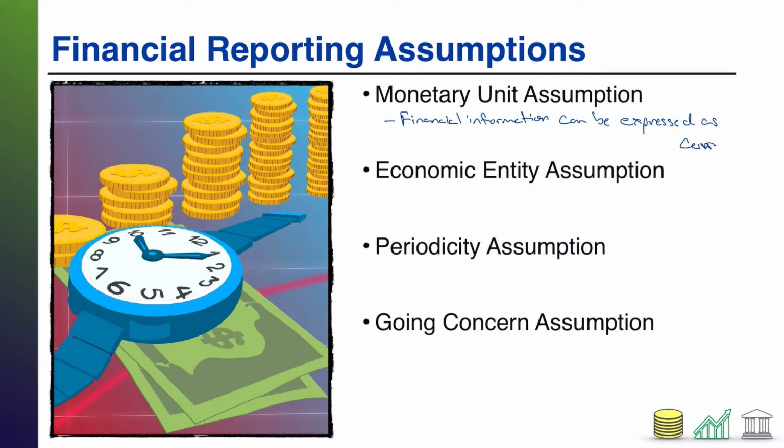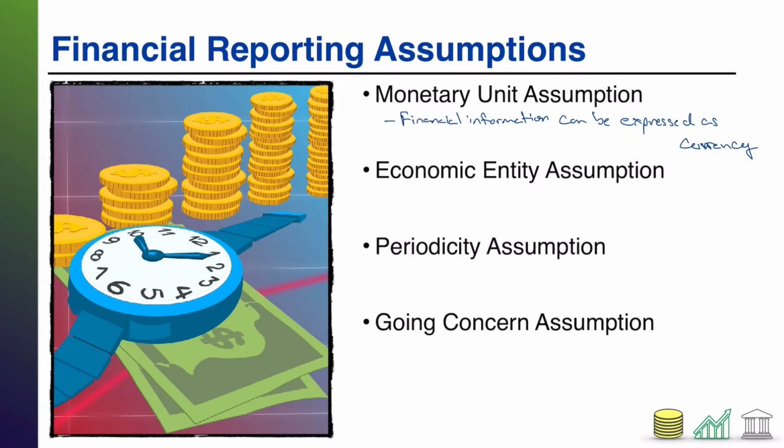And notice I'm not saying US dollar. It often is, say, US dollar. But it can be an international currency as well. Heck, depending on the company, maybe even they could get away with a cryptocurrency, though in today's world that's probably a little less likely. But the monetary unit assumption simply says if we're accounting for something, then we have to be able to express that something in terms of a currency.